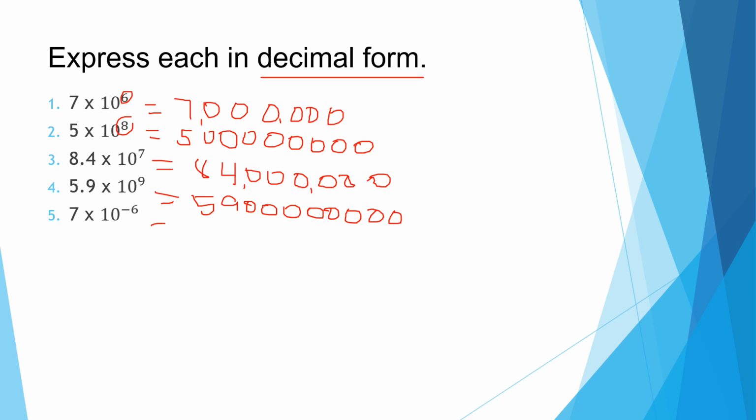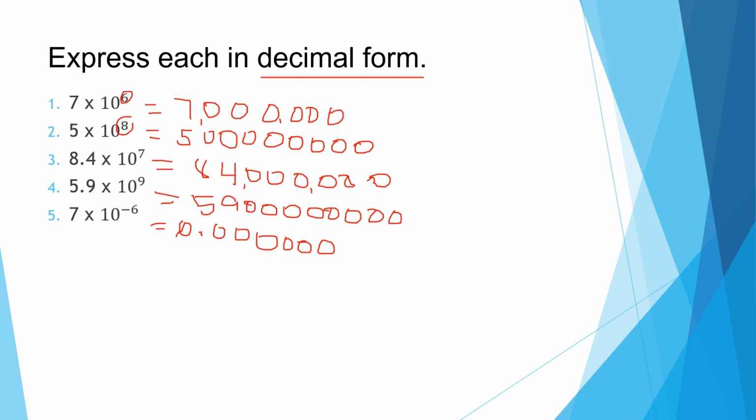So, since negative siya, dito tayo magsisimula. Okay? So, ilan 0 kaya ilalagay natin? So, we have 1, 2, 3, 4, 5, 6, no? Okay? 1, 2, 3, 4, 5, 6 na.